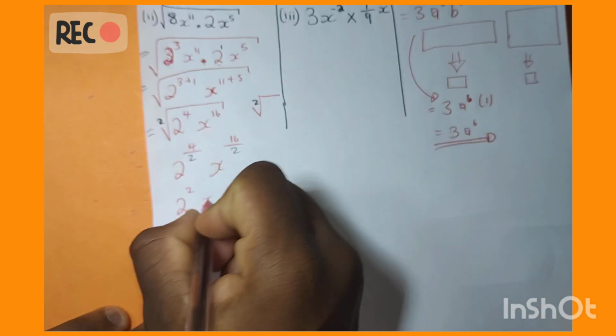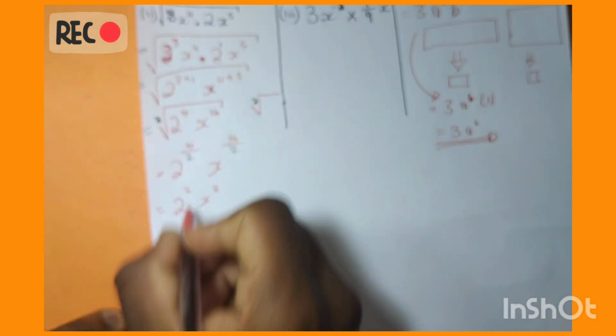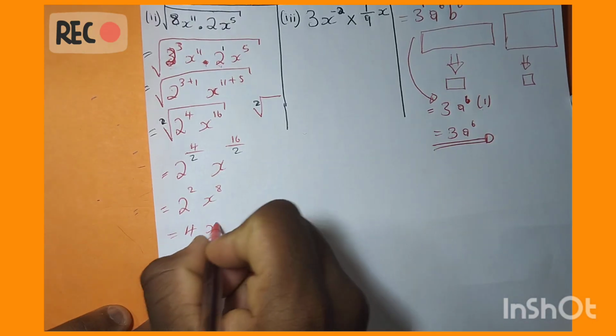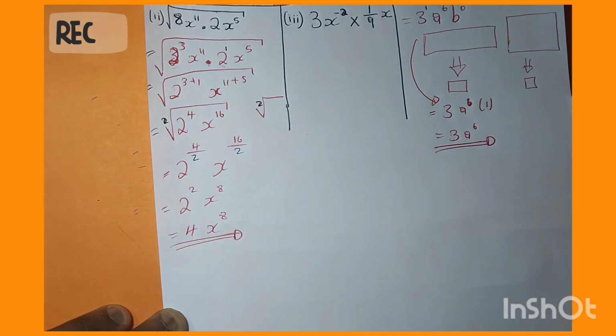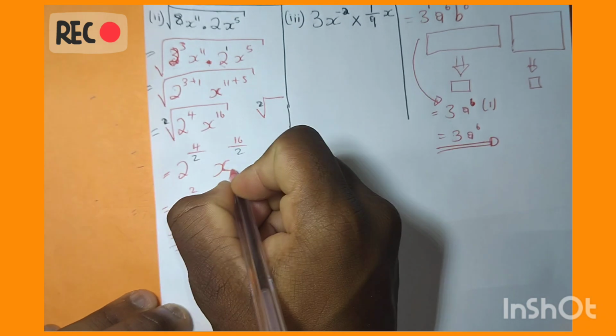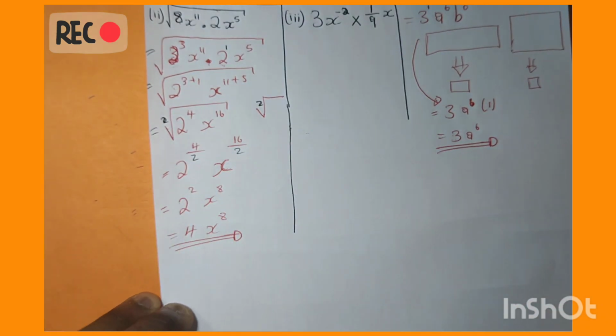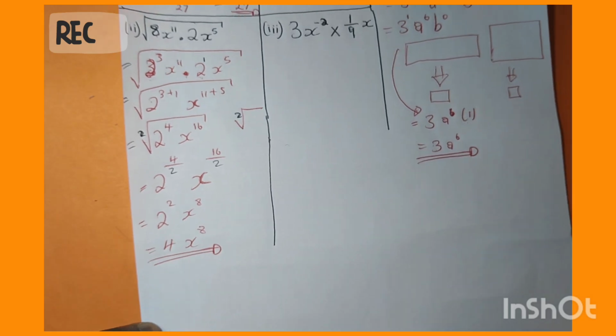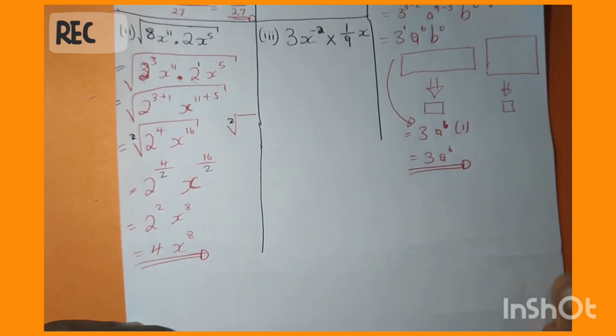This thing is 2x to the 8, and when I press on the calculator I'll get 4 there. Do you see, guys? That's how it goes. You should never fail maths, guys. Maths is easy only if you know the rules. Because if you don't know the rules, it's easy for you to fail maths. But if you know the rules, it's easy for you to pass maths.